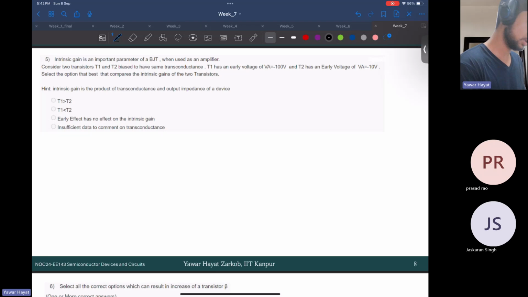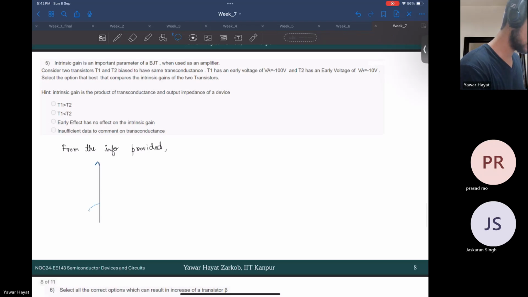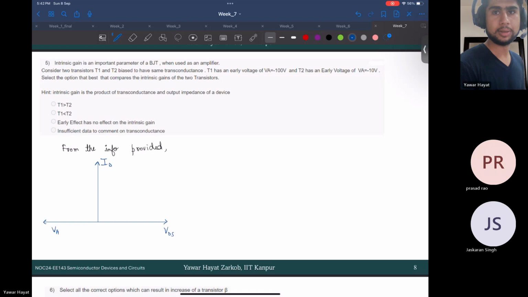From the info that was provided, your ID, VDS, VA, right?